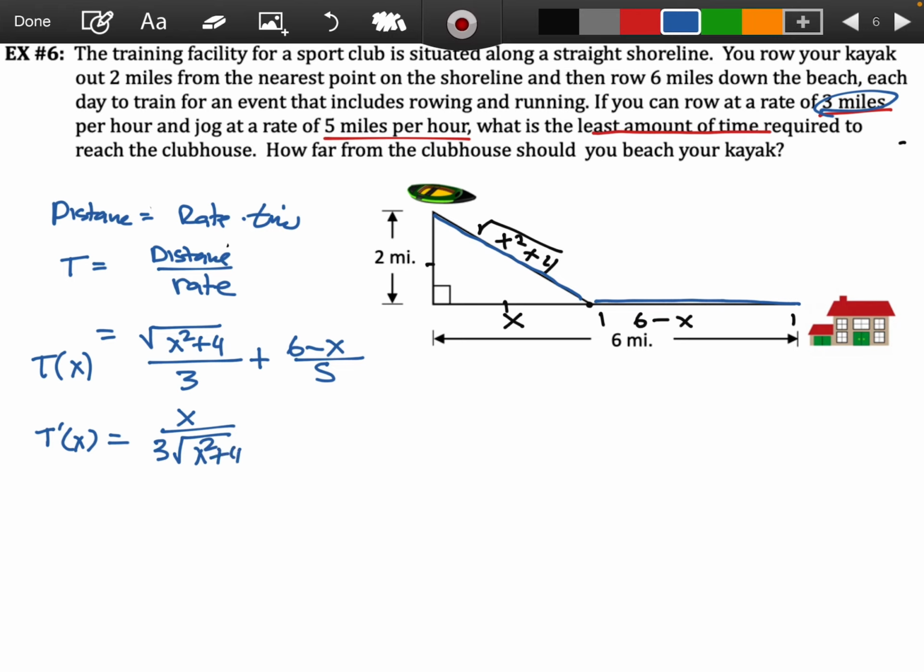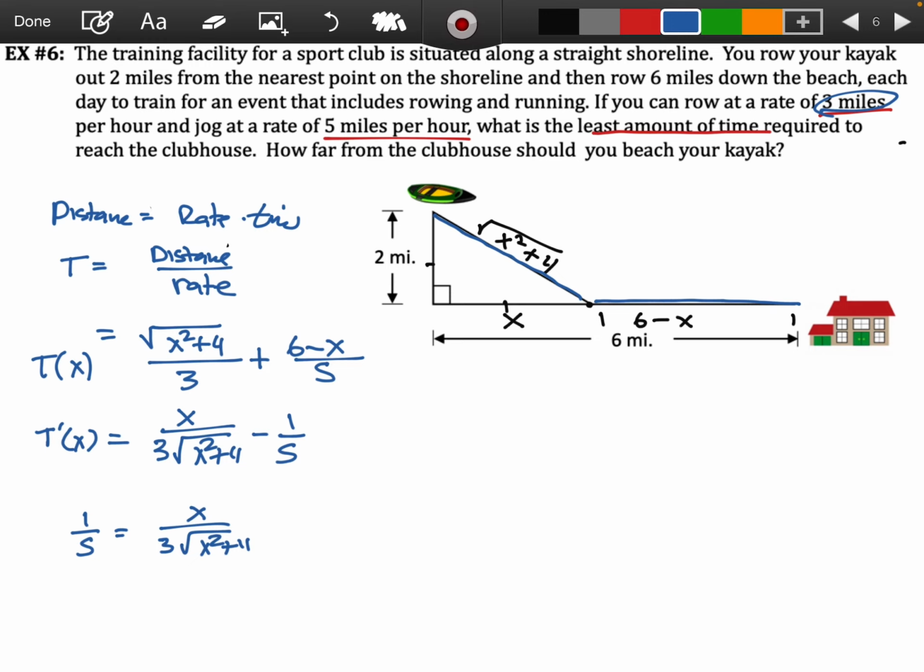You're also going to take the derivative of the next term, which is just negative 1 over 5. If we make that equal to 0, we end up getting 1/5 is equal to X over 3 square root of X squared plus 4.